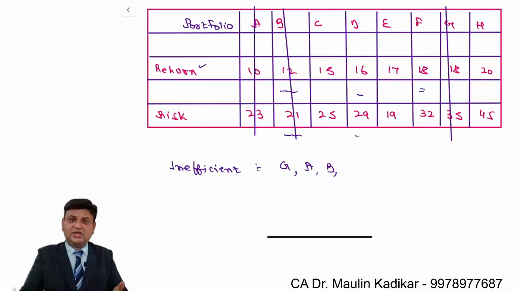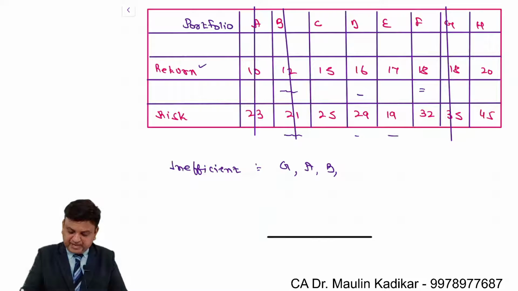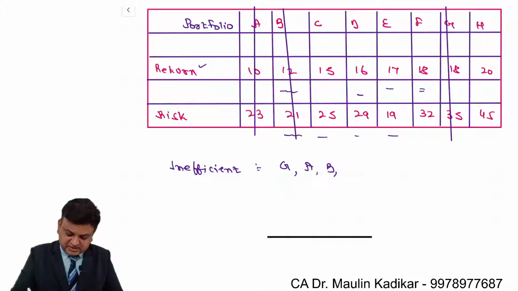So risk increases along with the return, so both of them are efficient. 19 is lower than 25, so risk reduces, and 17 is greater than 15, so return increases. Hence we can say that C is also an inefficient one.